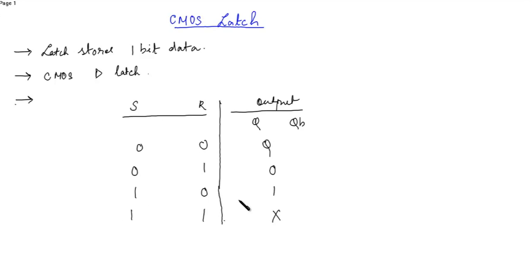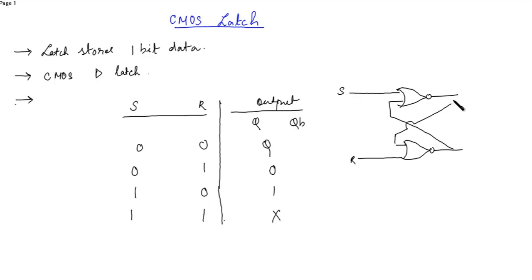This is the SR latch output for the SR latch using NOR gate, which is something like this. This is S, this is R. This is Q and this is Q bar.